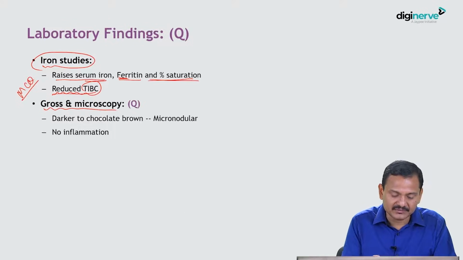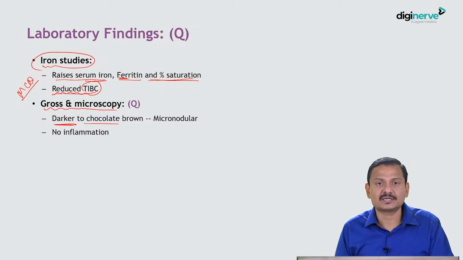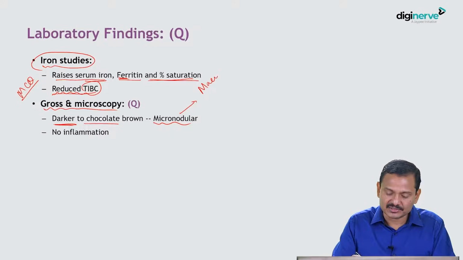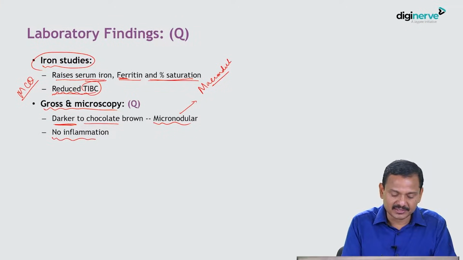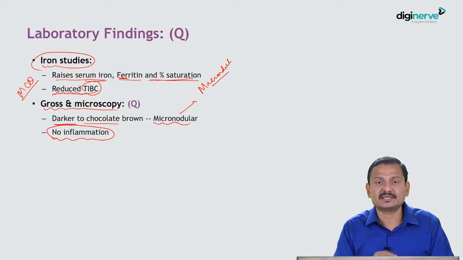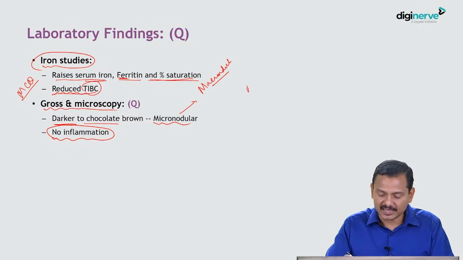When we look at the liver grossly, then the liver will be dark brown to chocolate in color, and that will be micronodular, but micronodular can progress to macronodular. Okay, and the important thing is there will be no inflammation. Whereas in the other types of liver disease like alcoholic liver disease as well as NASH, we were finding inflammation.